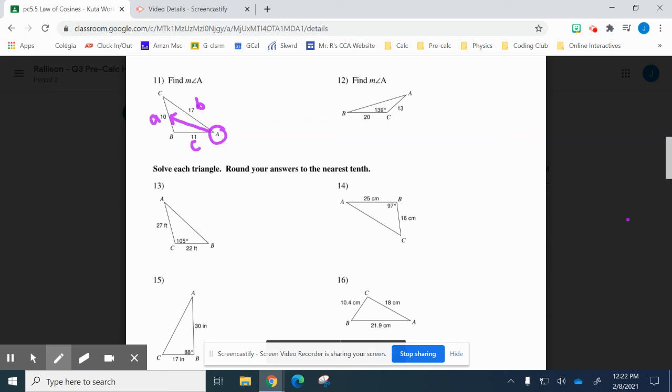So we're going to have A squared equals B squared plus C squared minus 2 times B times C times the cosine of A. And now you have to solve this for the cosine of A.